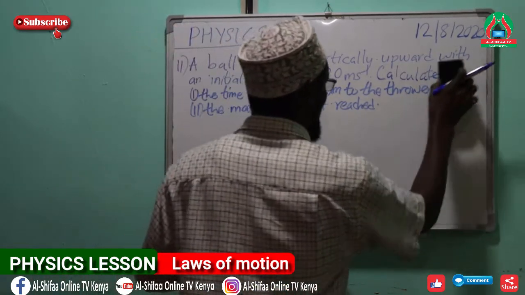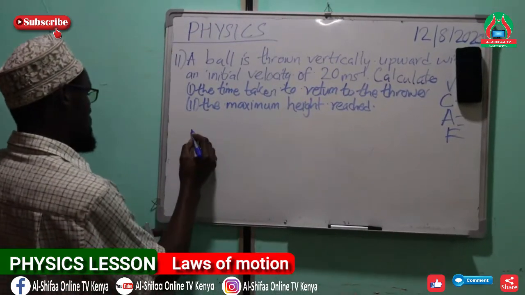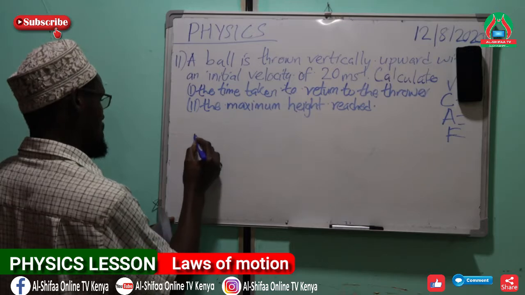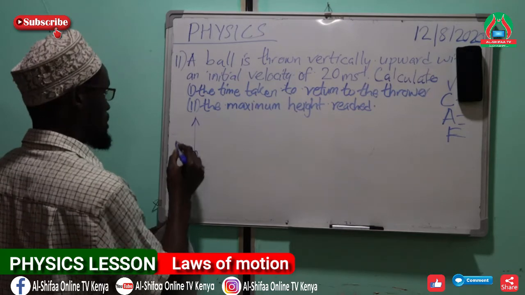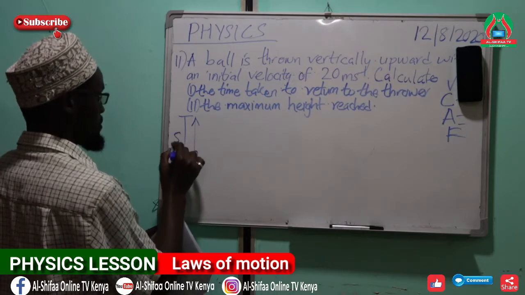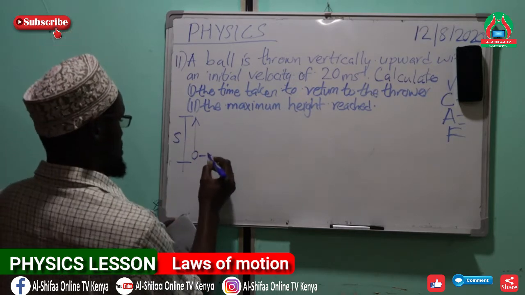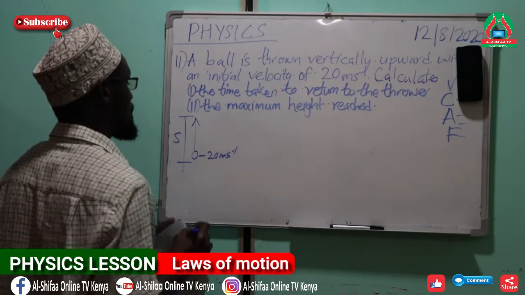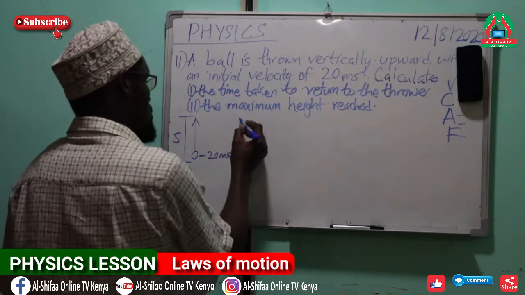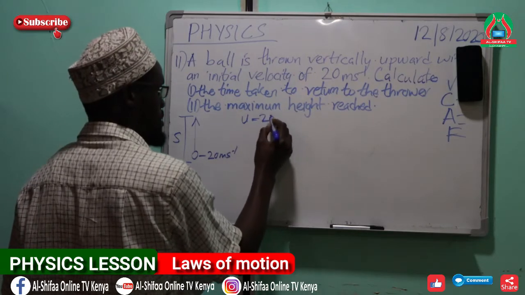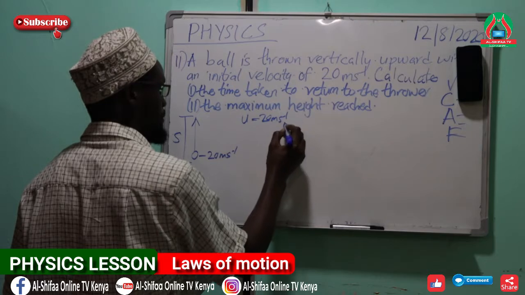Okay, our sketch can be like this. This is our ball being thrown upward. This is the height, you can say this is for s. For u, we have 20 meters per second, so our initial velocity is equal to 20 meters per second.